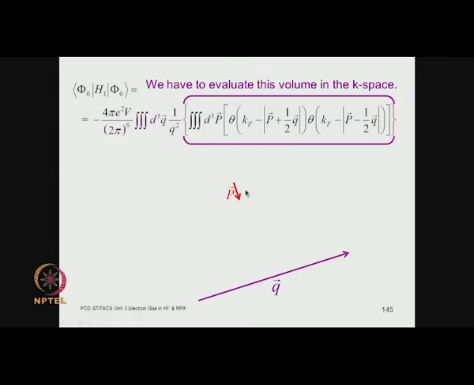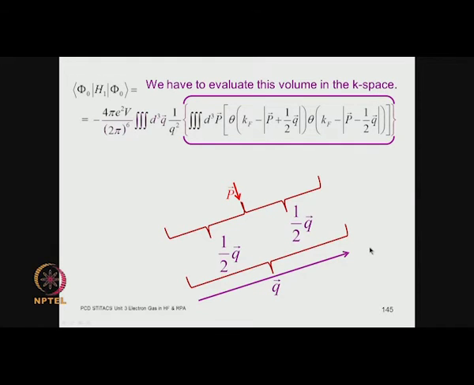Now, let us consider the vectors P. This is the vector P, and let this be the vector q. Let us begin with this geometry. What I do now is I take half of q, I look at this q as half q plus half q, because in one case I am adding half q, in the other case I am subtracting half q, because of the symmetry.